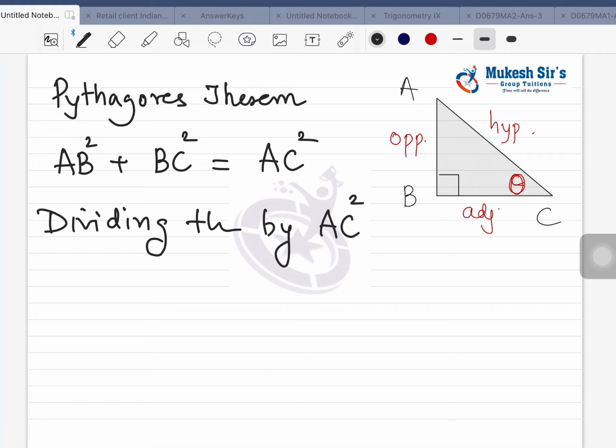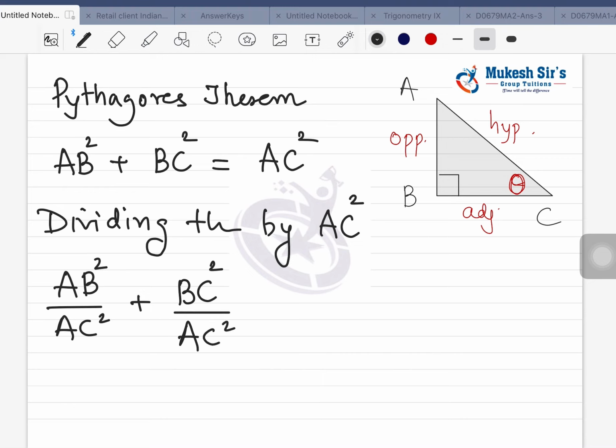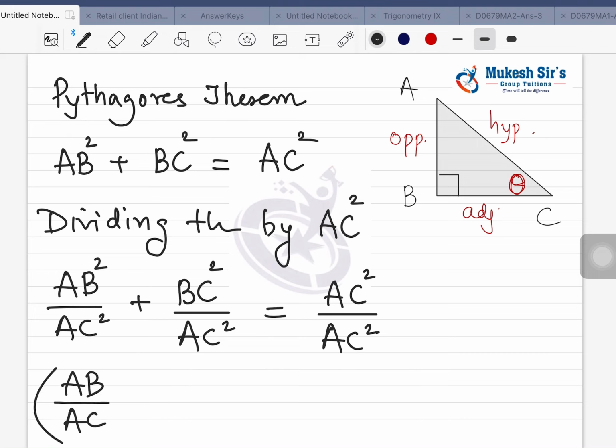Divide everything by AC square. So you get AB square upon AC square. Divide the second term also by AC square: BC square upon AC square. Divide the third term by AC square: AC square upon AC square. The first term I can write as AB upon AC the whole square, right?